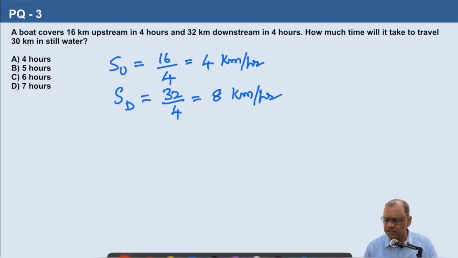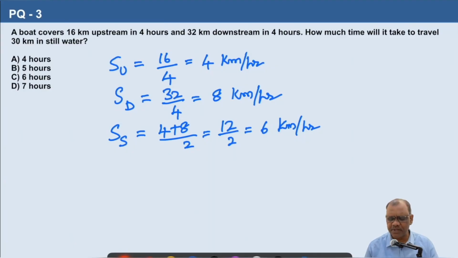Now we have to find out the time taken. First we find the speed in still water, which is 4 plus 8 divided by 2. That is 12 by 2, 6 kilometers per hour. Speed of the boat in still water is 6 kilometers per hour. So what is the time taken to travel 30 kilometers in still water?